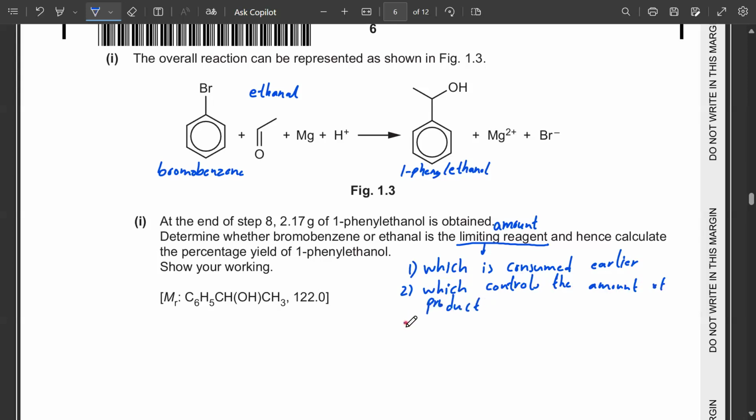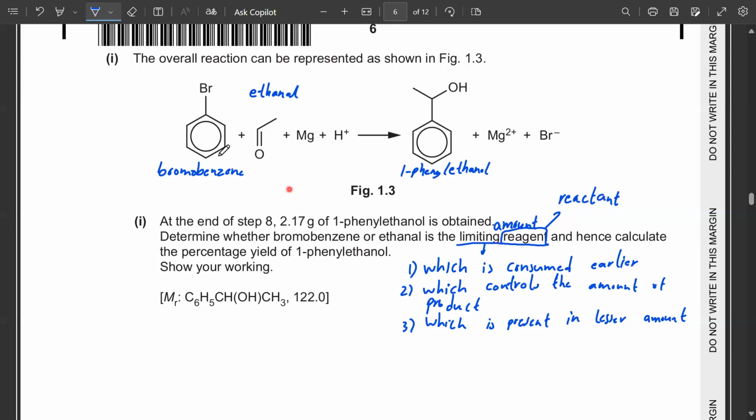Number three, which is present in lesser amount. Is that clear? These are the explanations of the limiting reagent. And reagent means reactant.